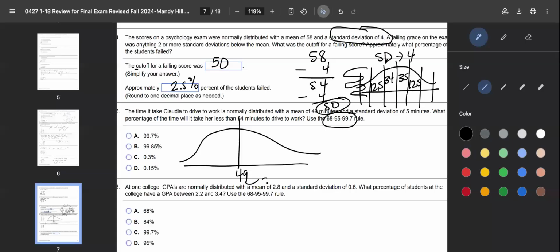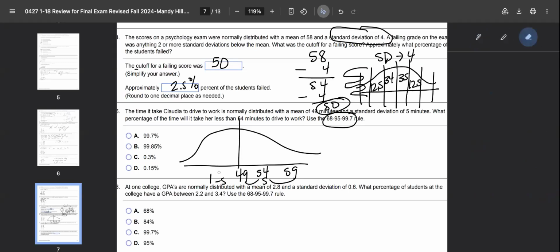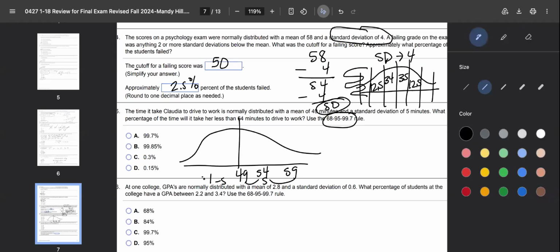If we add 5 minutes, because the standard deviation is 5, we would be at 54. If we add 5 again, we're going to be at 59. That's 2 standard deviations away. If we subtract 5, going in both directions, we'd be at 44. And then if we subtract 5 again, we're going to be down at 39. That's 2 standard deviations away.